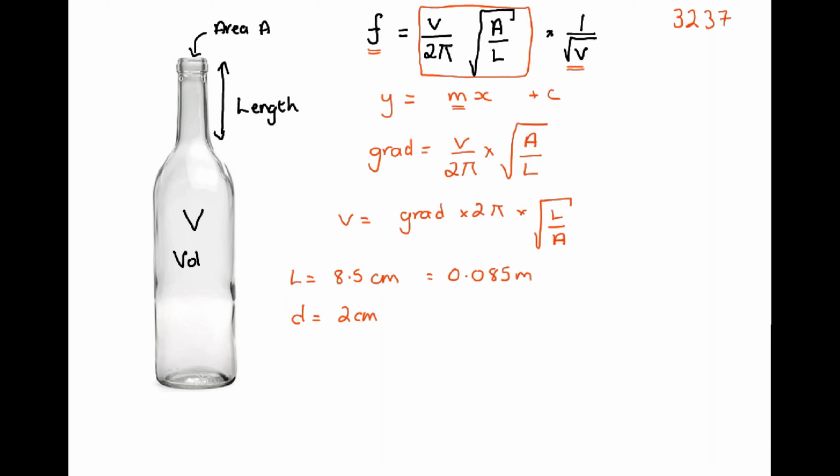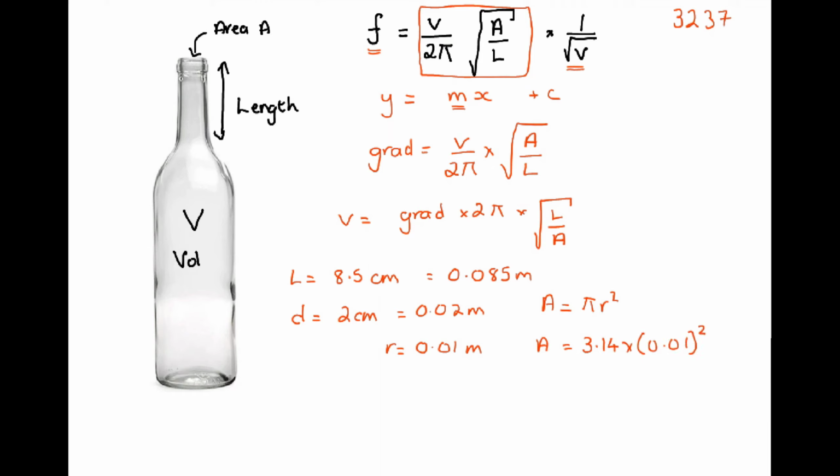So that would be 0.02 metres. Now the area of a circle is pi times the radius squared. If the diameter is 2 centimetres, then the radius is 1 centimetre, or 0.01. So our area is pi, which is 3.14, times by 0.01 squared.